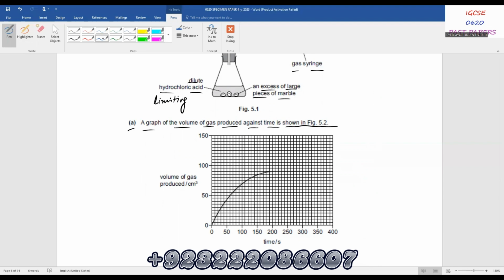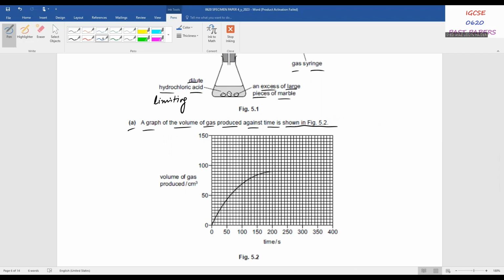So you will have new line which will be steeper than the printed line. And it means that it levels before 200 seconds. And starting point will be same. It will be like this.